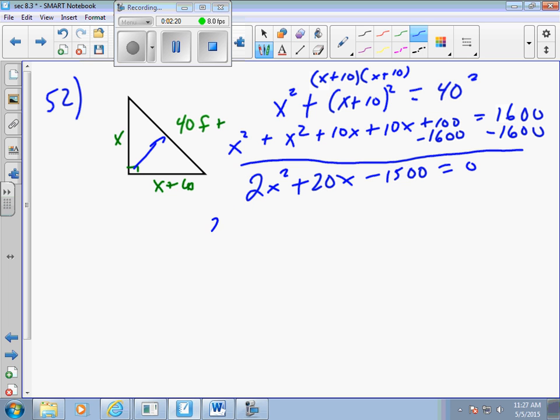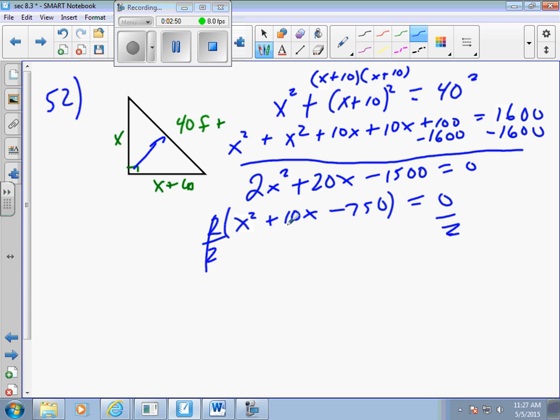So if I pull the 2 out front, I get x squared plus 10x minus 750 equals 0. Now, if I use this or the simpler form, I'm going to get the same answers. Doesn't matter which ones you use, you get the same answers. So here, if I divide by 2, it just goes away, right? Because 0 divided by 2 is just 0 again.